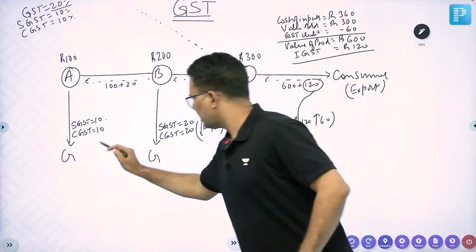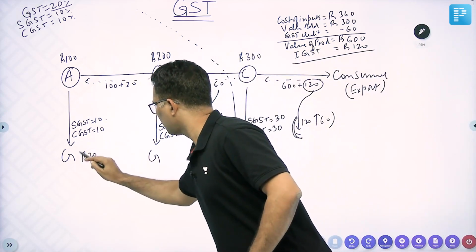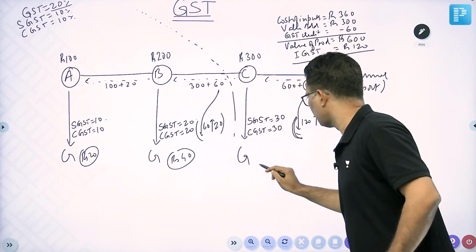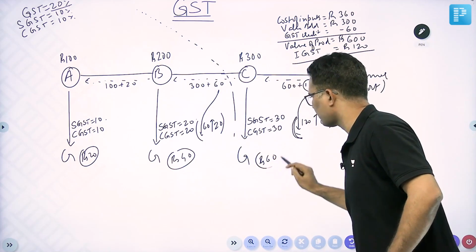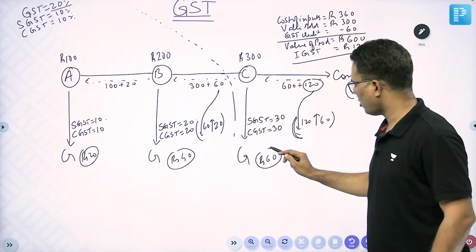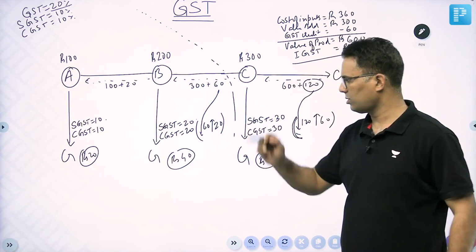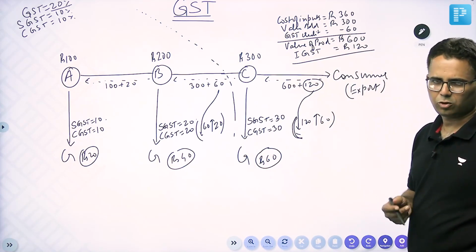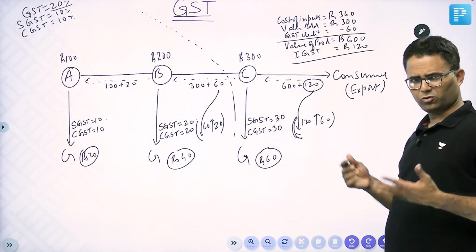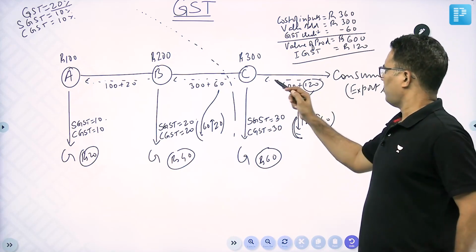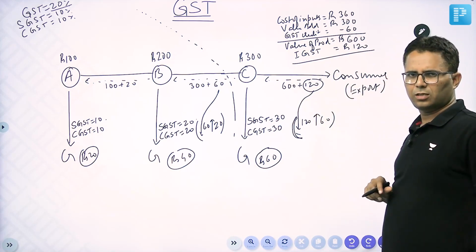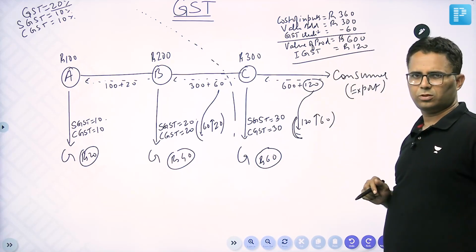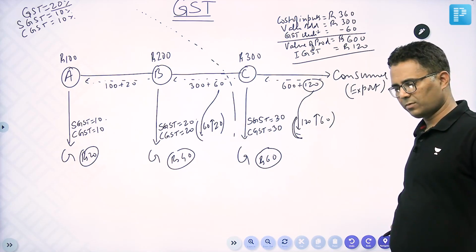So how much is collected here? Rupees 20, rupees 40, rupees 60. So ultimately how much tax did the government get? 60, 40, 20, 120 rupees. 20% of 60. So the government got that tax on the total value. Now, when C is exporting, since it is from one state to abroad, IGST is imposed. IGST is levied.